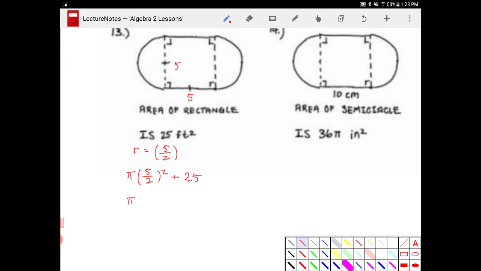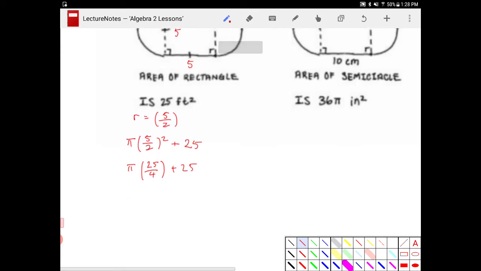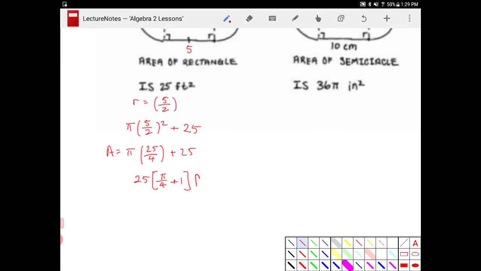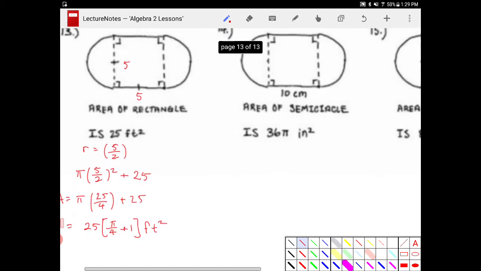Well, that's just pi times 25 fourths plus 25. You can leave your answer like this, or if you want, you can leave it like this. It's all the same, to be honest. Okay? And this is going to be measured in feet squared, of course.